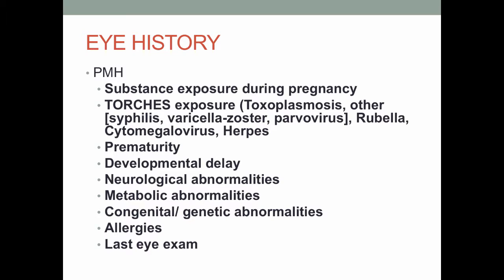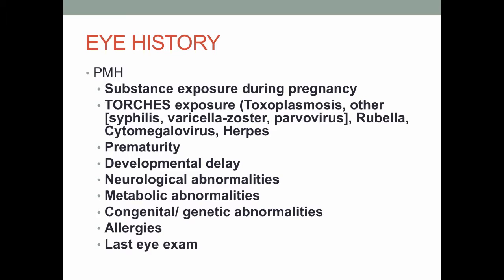Now, when you're getting the past medical history related to the child's eye, it's critically important to know if there was any substance exposure during pregnancy. We know that both infectious diseases and medications can have adverse effects on the developing eye in the fetus.